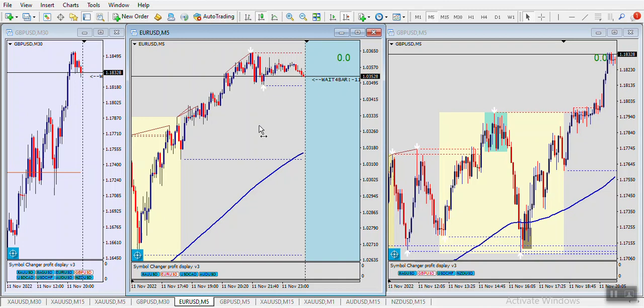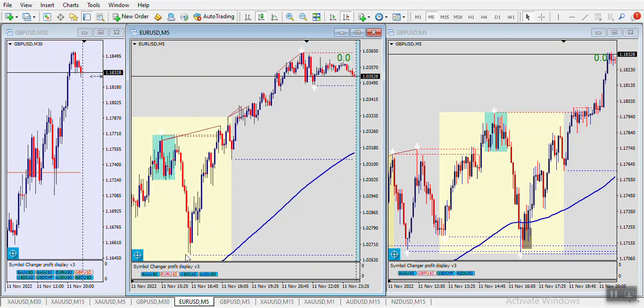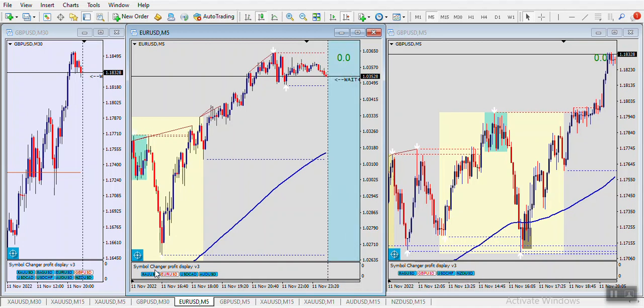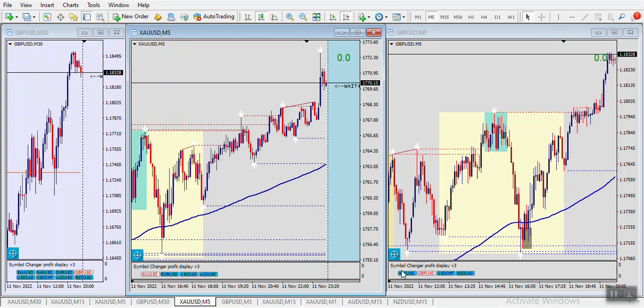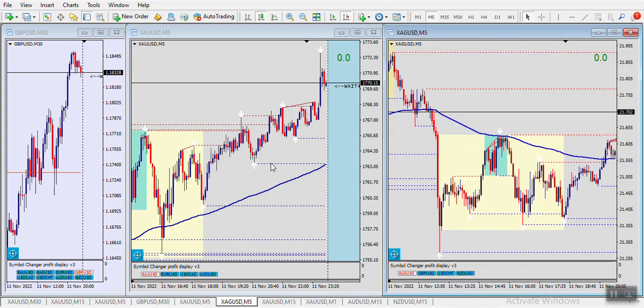with just correlated pairs. So if you look at my screen, I'm trading with gold, EURUSD, USD CAD, AUD/USD, and silver, GBPUSD, USD CHF, and NZD/USD. So I compare gold with silver as correlated pairs.